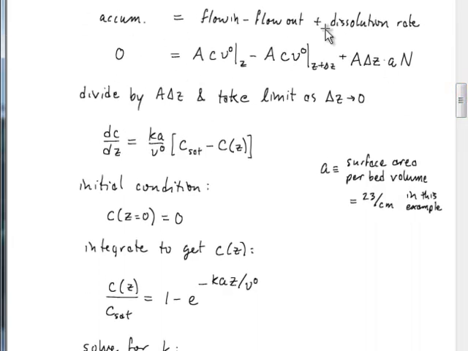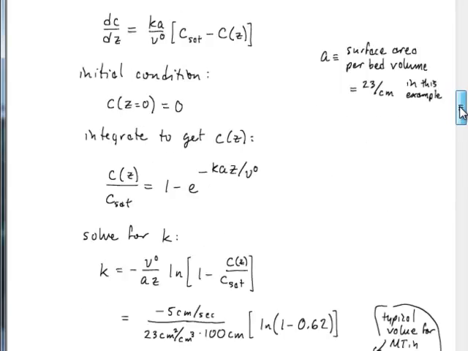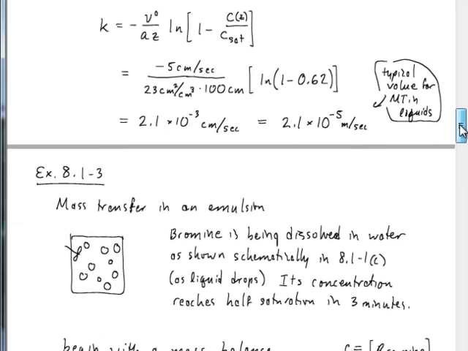We used this mass balance equation and the initial conditions to derive this result, that the mass transfer coefficient must be equal to the superficial velocity in the packed bed over this packing area per unit volume in the bed, multiplied by the position in the bed times this logarithm of 1 minus Cz over C sat. Okay, so then we took a final condition and an initial condition, and that allowed us to solve for the value of this.